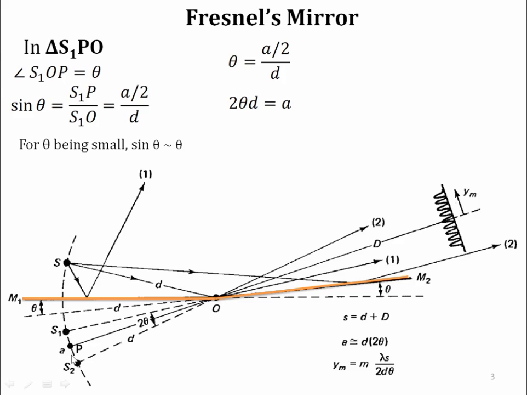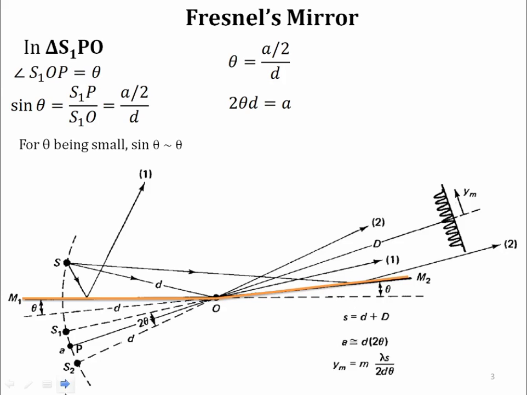So now it is something similar to Young's double slit method. You have two sources of light. These are coherent, of course, because they are derived from the same one. What is the distance between these two sources and the screen? Suppose the point O is at a distance small d from the sources and capital D from the screen.